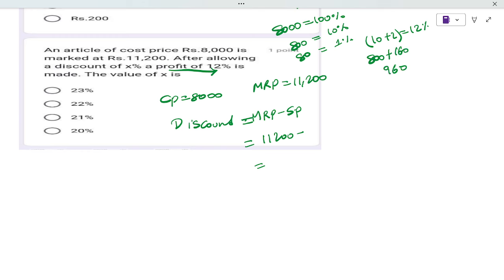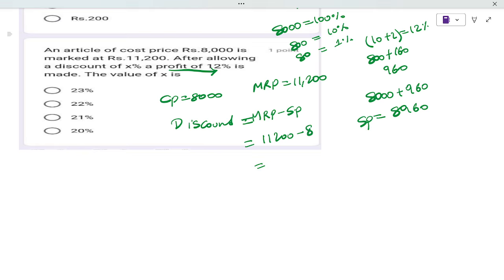So the profit is 960. The cost price is 8,000 and the profit is 960, so the selling price is 8,960.